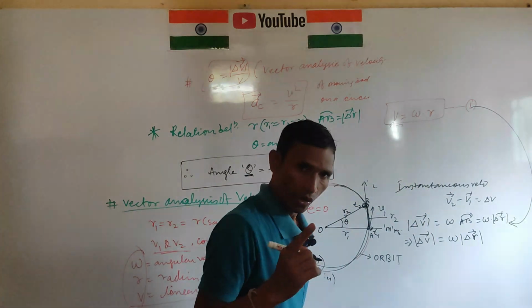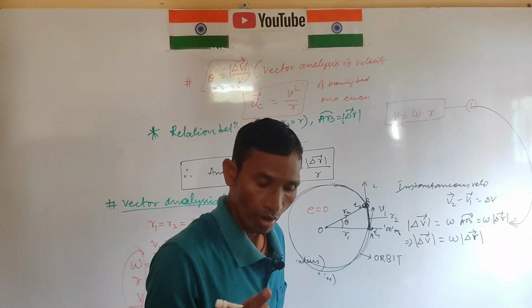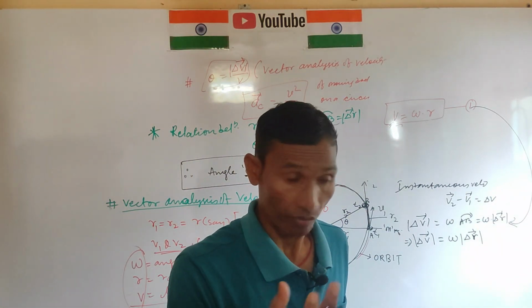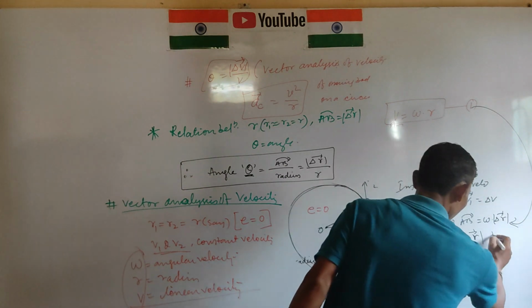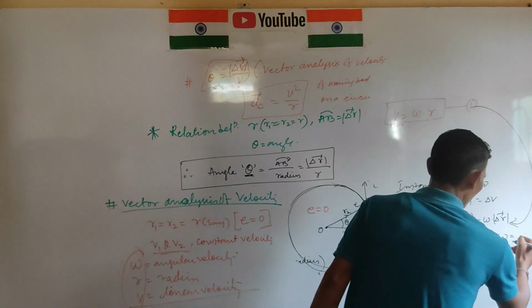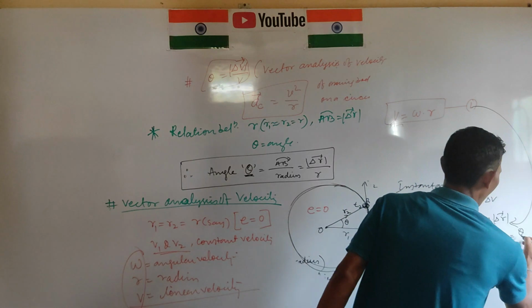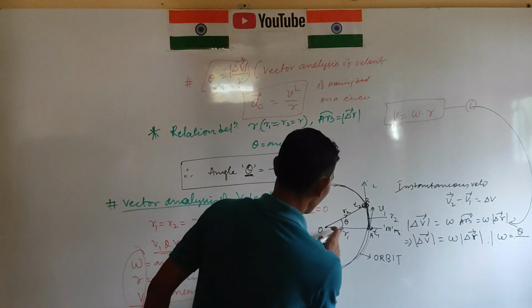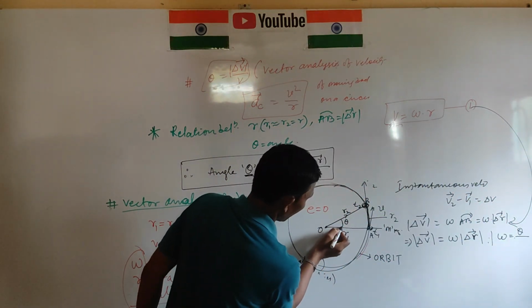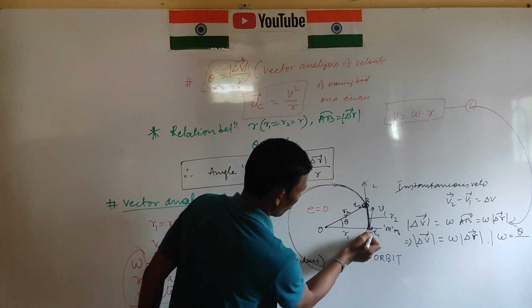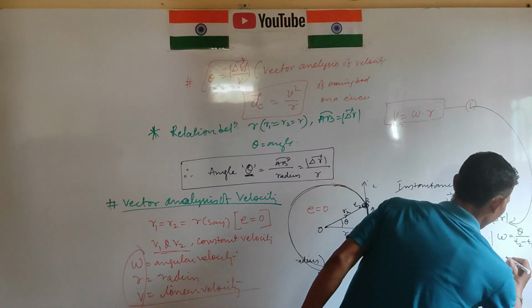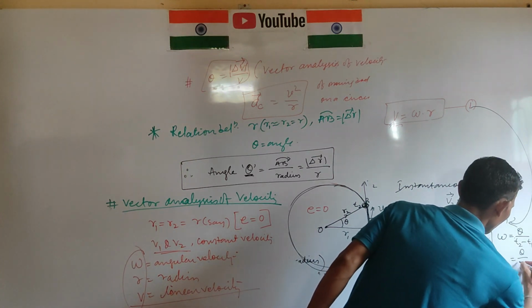We know that at the instantaneous time, while the body is moving in a circular path on a fixed orbit, omega equals theta, the angular position, by delta t. Here theta is the position. Consider theta from t2 to t1, and in this case theta is equal to delta t.